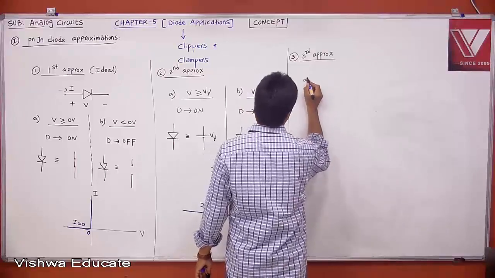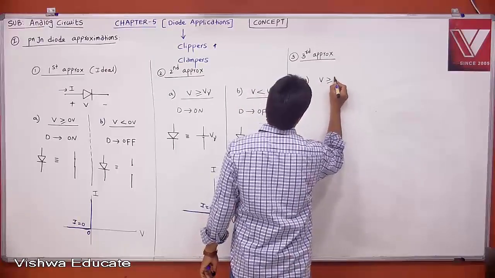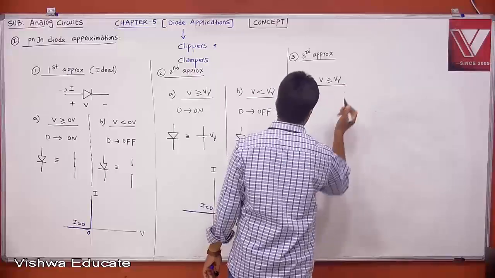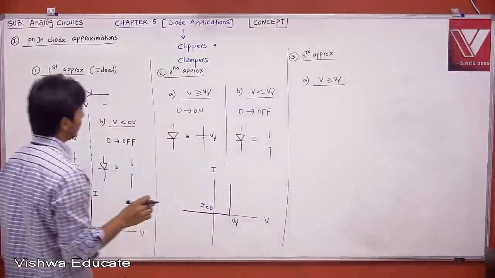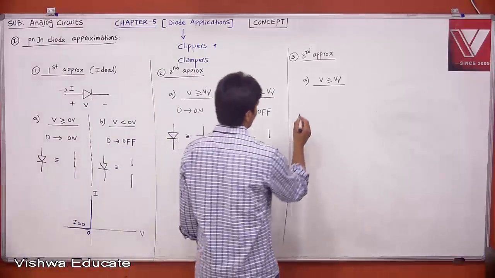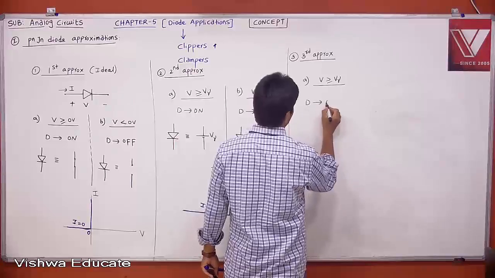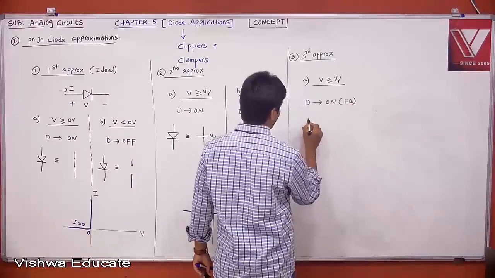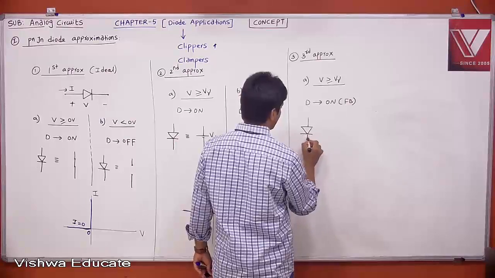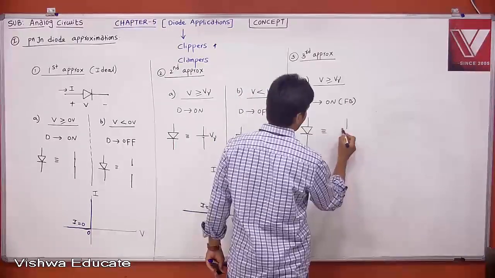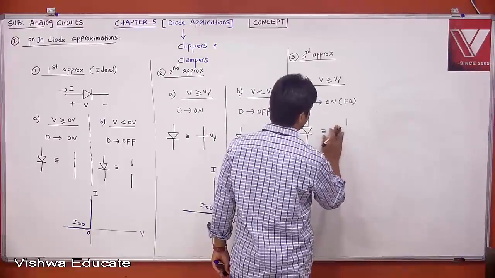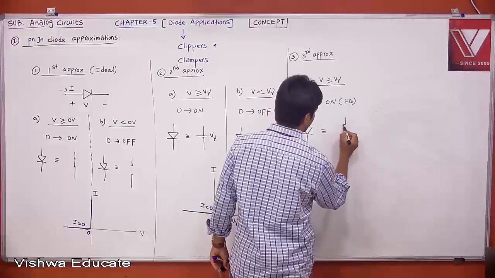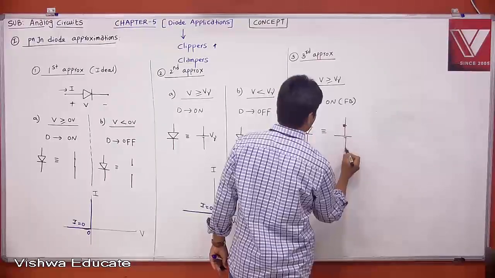Case A, we need to include the cut-in voltage V gamma. When V is greater than or equal to V gamma, your diode is on. On means forward bias. Then your PN junction diode is not only having a battery, it is also having the resistance, the forward resistance.